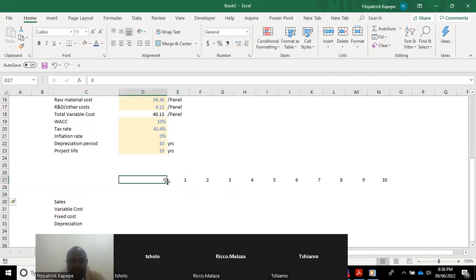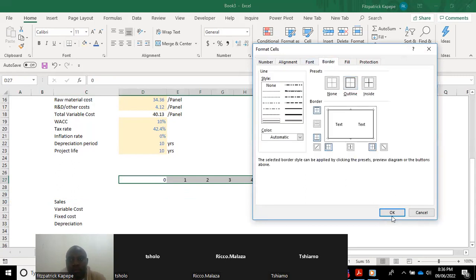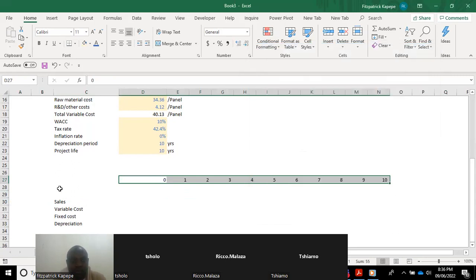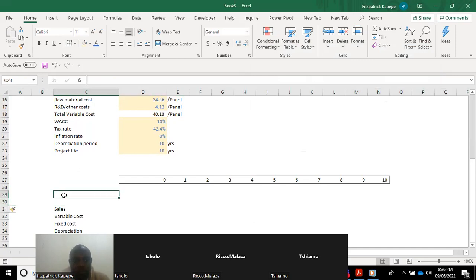Do this. Just somewhere here. So I'll call it degradation rate. That's what I'll call it.